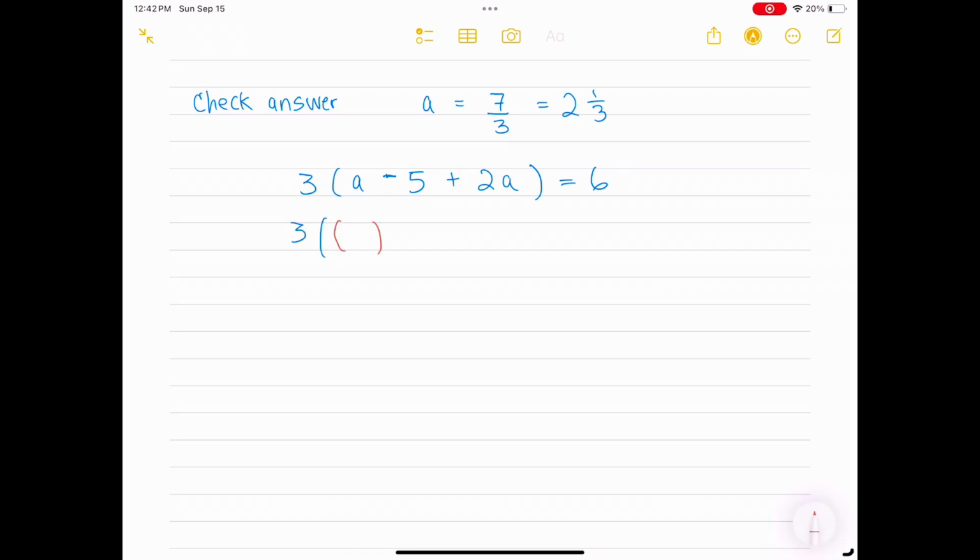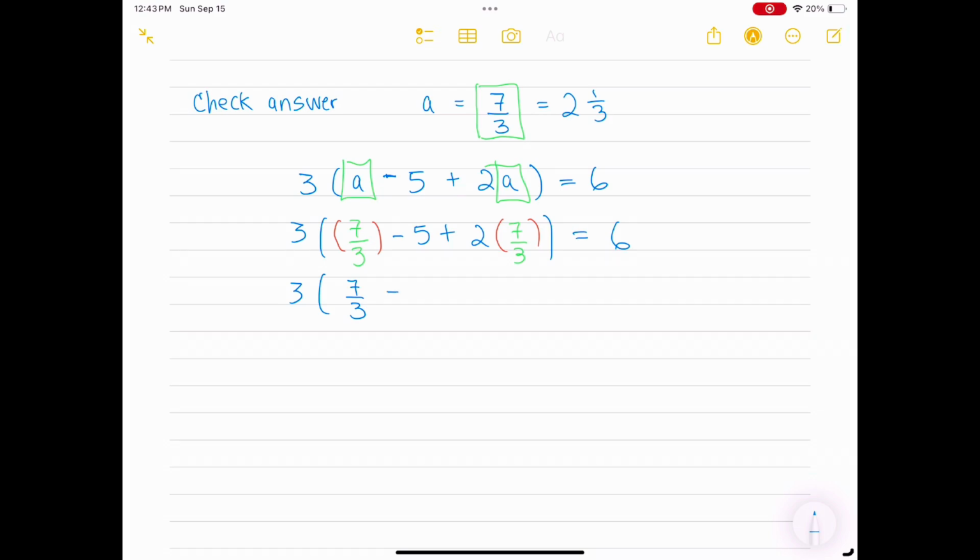So I check this by rewriting the equation, substituting parentheses for a, which gives me 3 open parenthesis, empty parenthesis, minus 5 plus 2 times empty parenthesis, close parenthesis equal 6. Now I can substitute 7 thirds for a within the parentheses. Now I will rewrite this equation all in one color. I find that the multiple colors become too distracting.